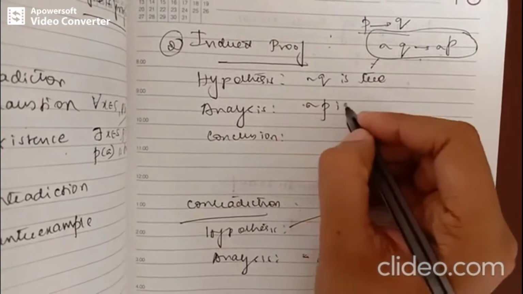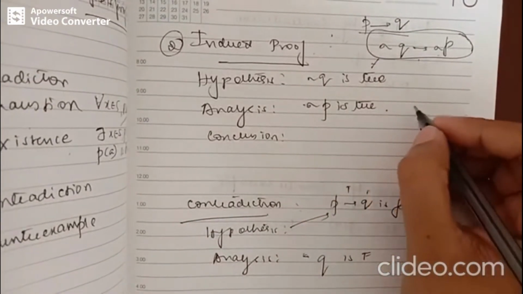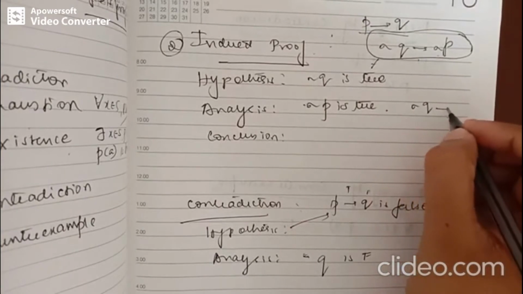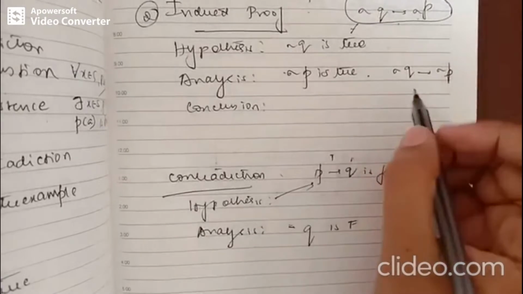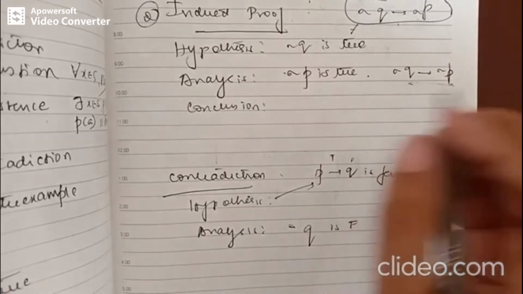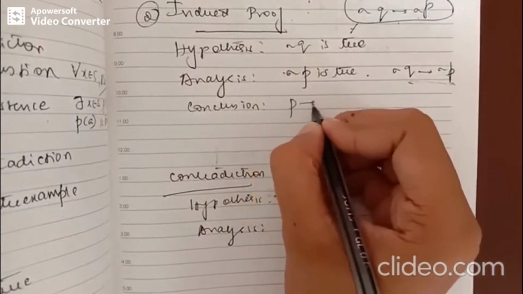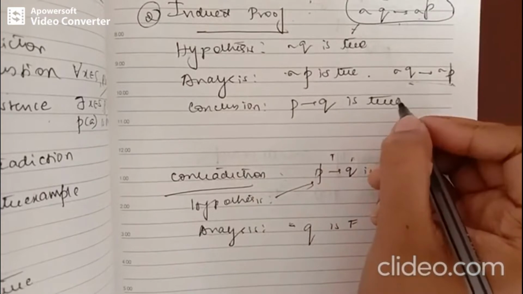Thereby this proves the contrapositive. Once we have the proof of the contrapositive, it is actually an indirect proof of the conditional P implies Q, and therefore we can conclude the conditional P implies Q.